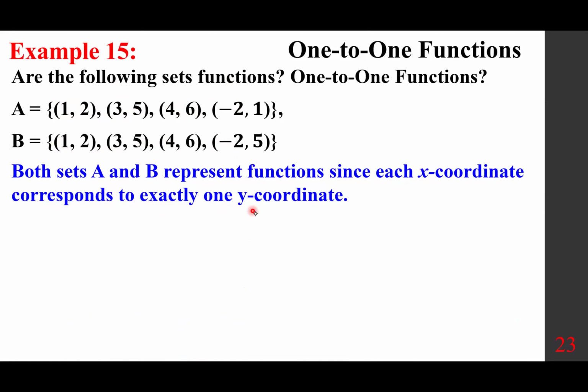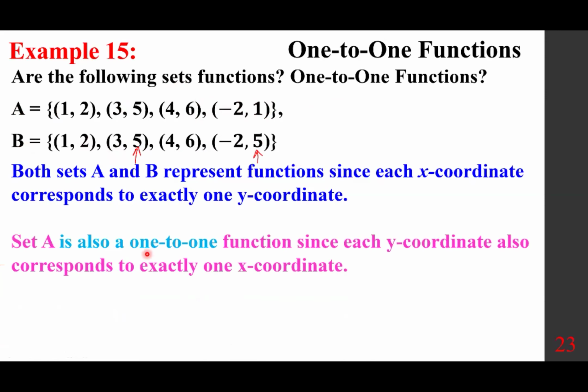Let's look at the y coordinates. If you look at the y coordinates 2, 5, 6, 1, they don't repeat. So A is also a one-to-one function. If you look at B, 2, 5, 6, 5, look at this one. This y coordinate and this y coordinate are the same. So A is a one-to-one function, B is not.